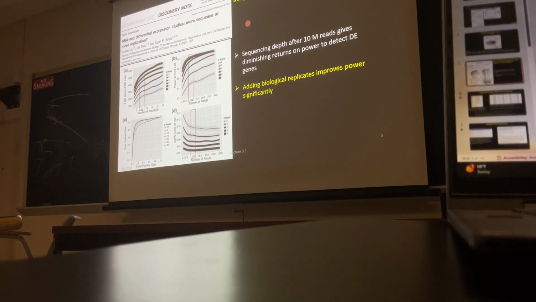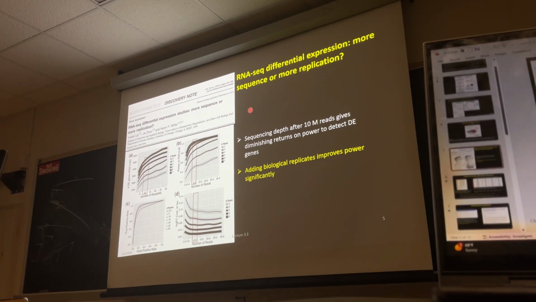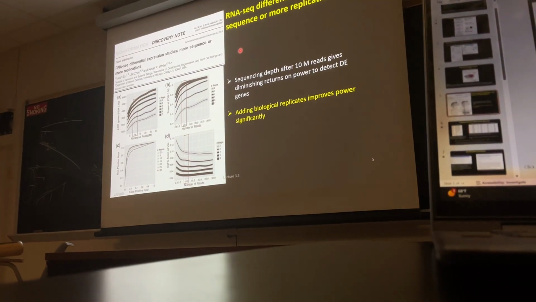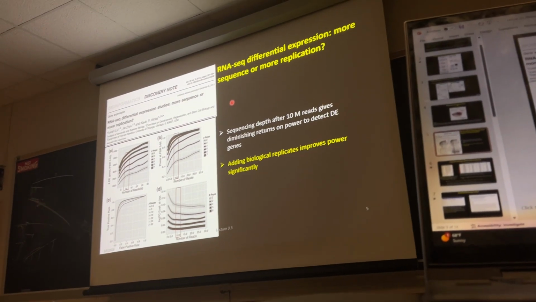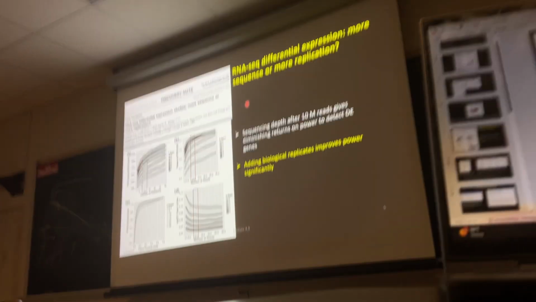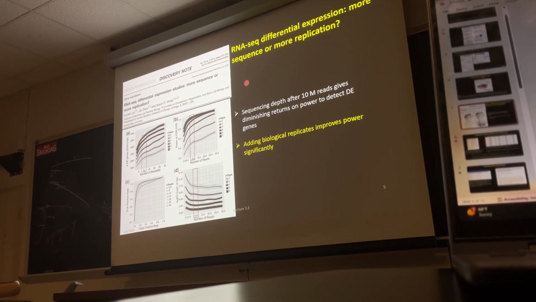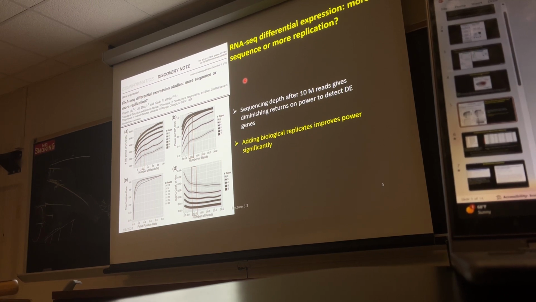Gene 1.1, 1.2, or gene 1.3, or sometimes they don't go through any splicing and just one copy is there for each gene, right? So if you are interested in this type of alternative splicing form, maybe going for the larger sequencing depth is better. But just for the purpose of differential gene expression analysis, more biological replicates is always better.